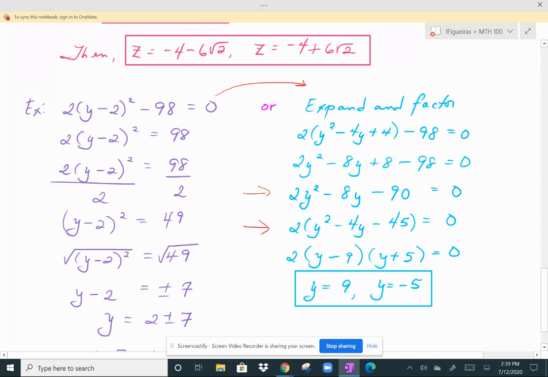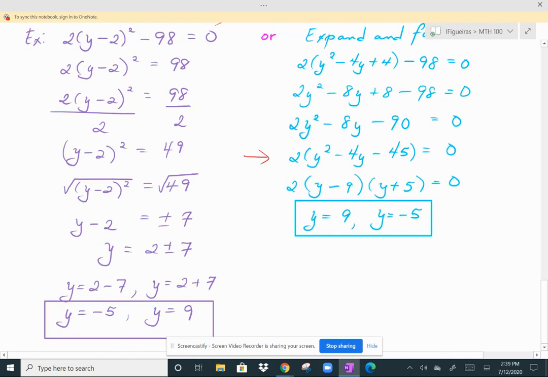So I'm left with 2 times y squared minus 4y minus 45. So the trinomial is factorable. So here, two numbers that will give me a product of negative 45 and a sum of negative 4 would be negative 9 and positive 5. So the two variable factors get set equal to 0, and you get y is 9 and y is negative 5.